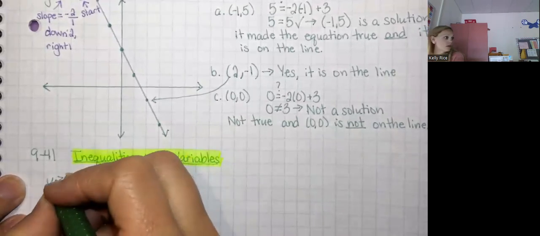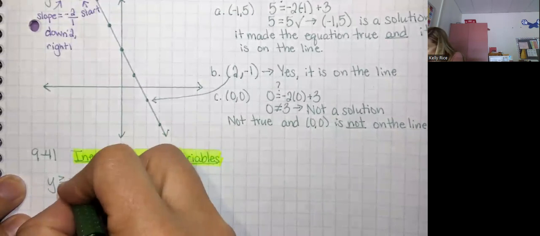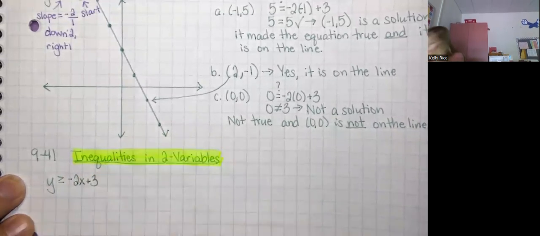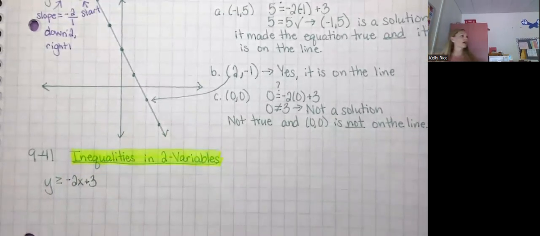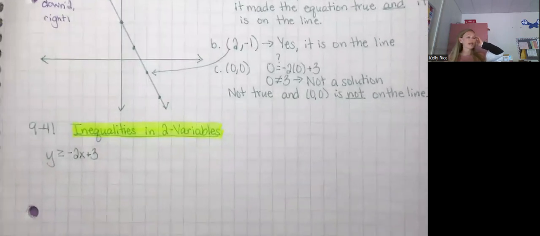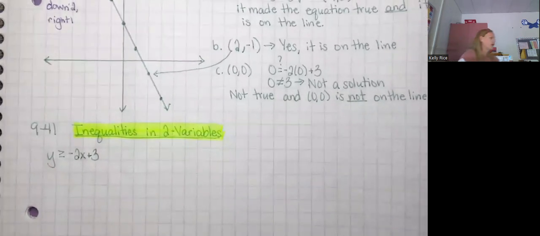Okay, so our inequality right now is y is greater than or equal to negative 2x plus 3. Did that say 941? Yes, 9-41. I got confused.